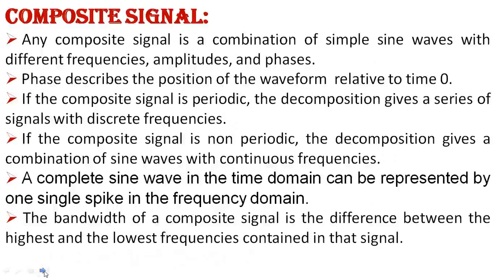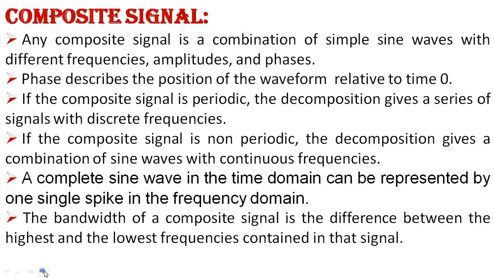Now, periodic composite signal. A composite signal is a combination of simple sine waves with different frequencies, amplitudes, and phases. The phase describes the position of the waveform relative to time zero.